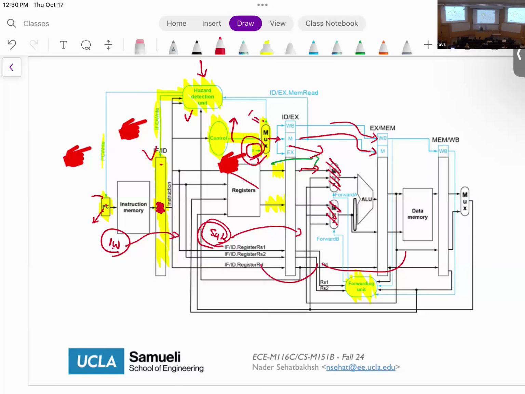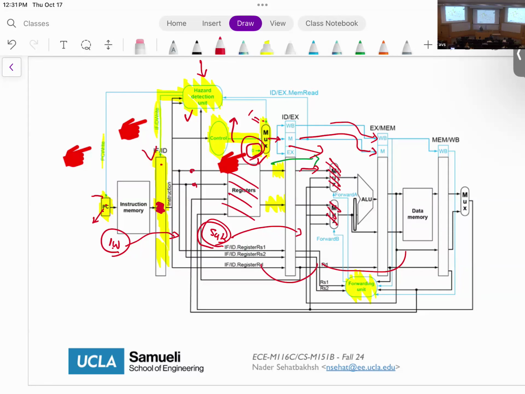If for any reason, for example, my register file has not finished the sub instruction, I cannot push the new instruction in, right? So this is what we call a structural hazard. In our design, structural hazard never happens because we always make sure that the clock cycle is more than the maximum of the stage delays. We also make sure that we have enough ports to do things in parallel.